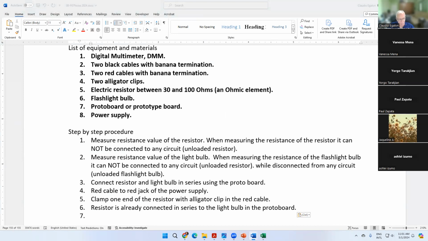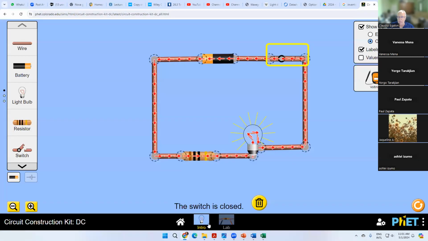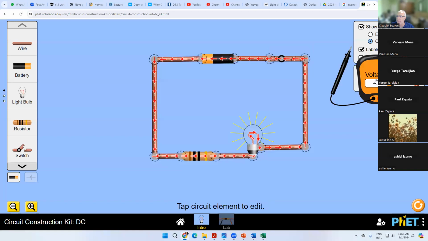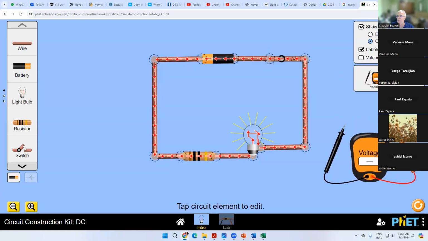The other end of the light bulb is connected to the black jack of the power supply, the black cable. Set the DMM to read voltage. Since we're setting the DMM to read voltage, we have to use the voltmeter. I'm going to put this voltmeter here outside just to show that we're going to use it.